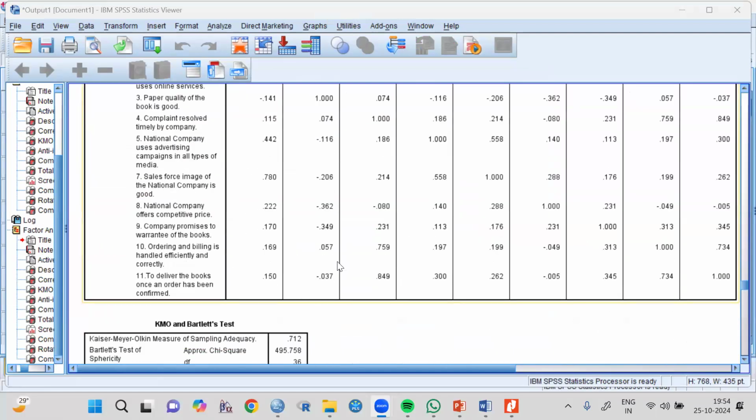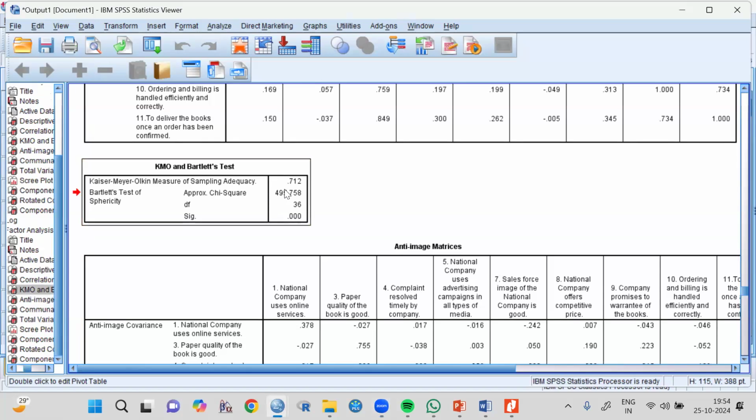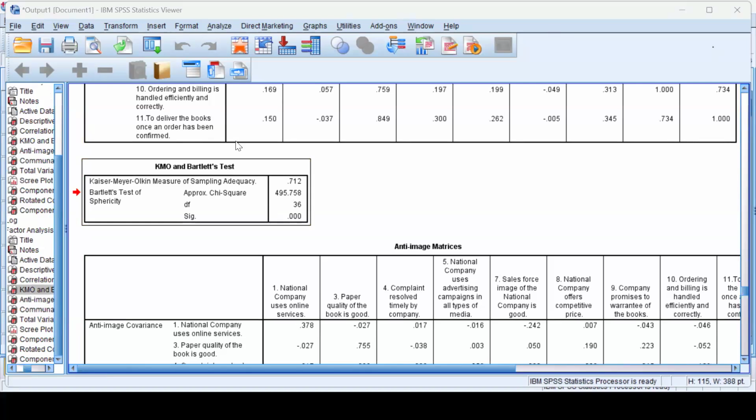देखिए, first of all we will check KMO value. What is the KMO value? Is it desirable? Yes, because near to 1 it is treated as good, so our KMO value is 0.712.